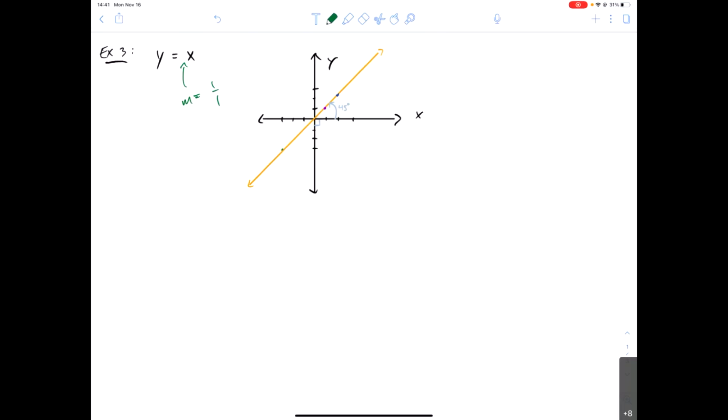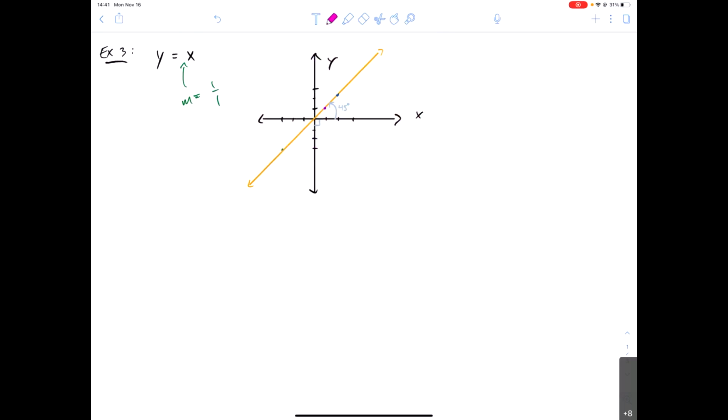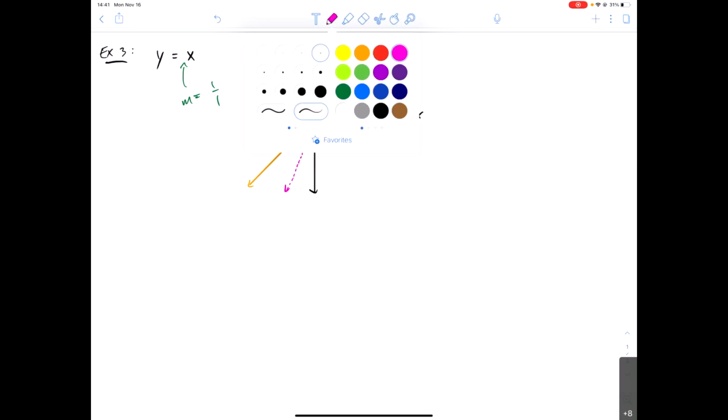Very easy to construct. But what happens when you have a line that goes up through the middle, through the origin, like this? What is this slope? I don't know, I just made it up. However, since you see that it is quite steep, you know that whatever this slope is, this slope is greater than 1.